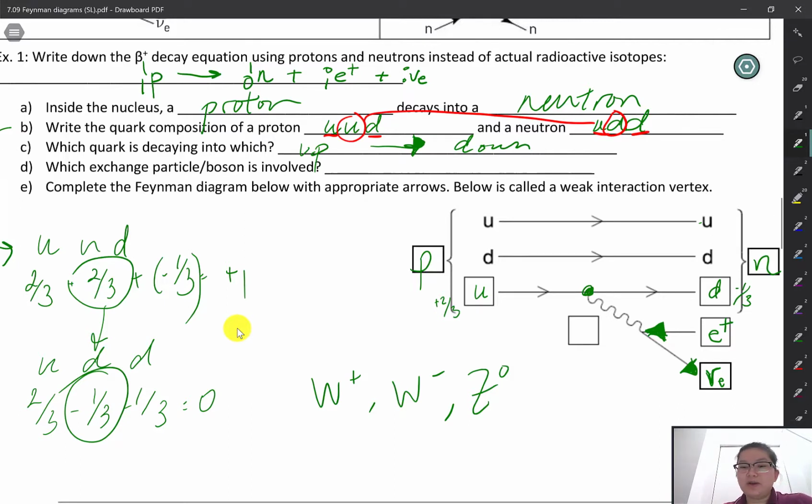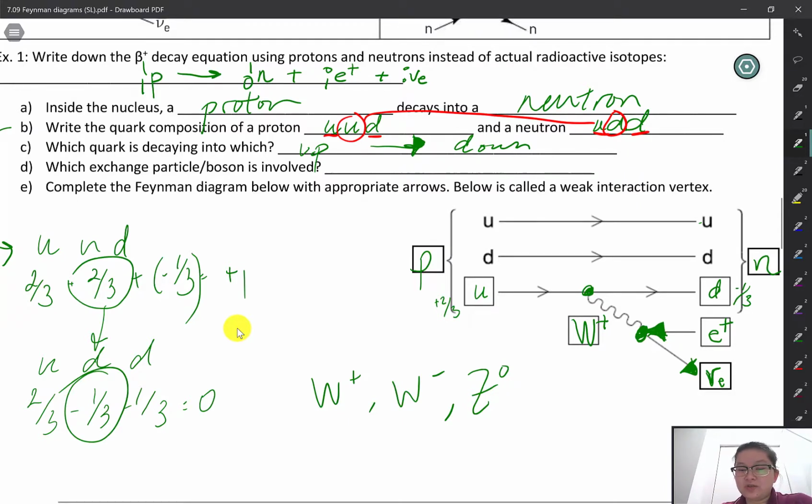The easiest way to figure this out is to look at this vertex right there. Whatever is coming in is going to produce a positive +1 charge, and there's a 0 charge on the electron neutrino. So whatever is coming in has to have a positive charge, and that can only be mediated by the positive boson. Okay, so W plus boson.